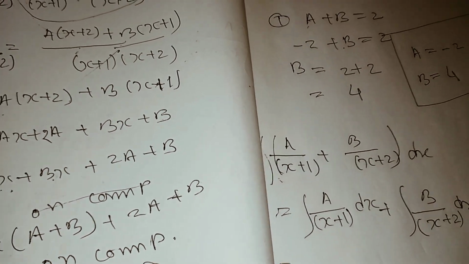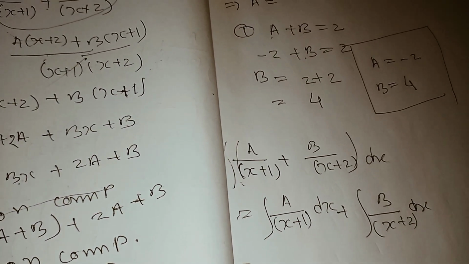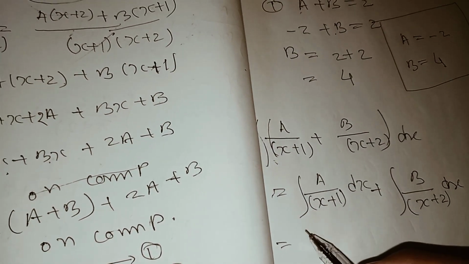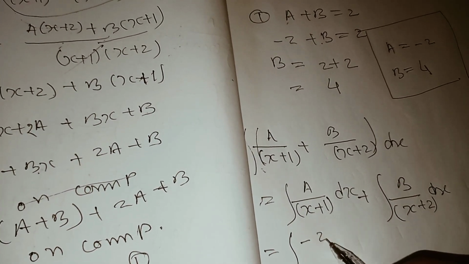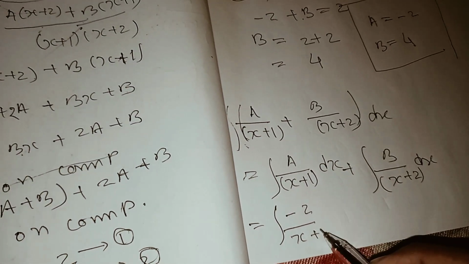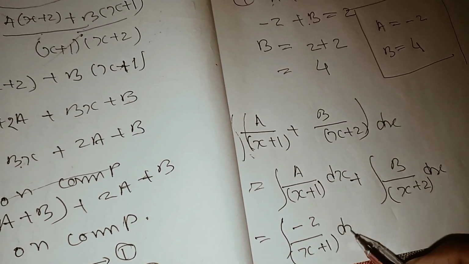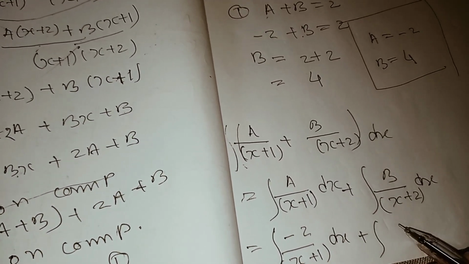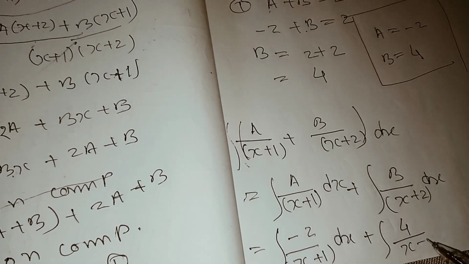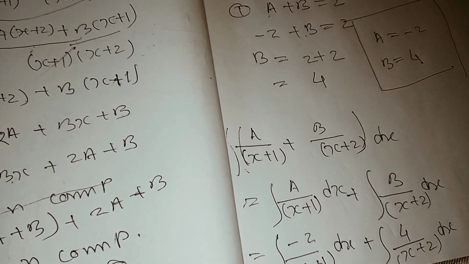Just put the values of these. The value of a is -2. So the integration sign is as it is, and -2 divided by x plus 1 with respect to dx, plus instead of b you can write 4 divided by x plus 2 with respect to dx.